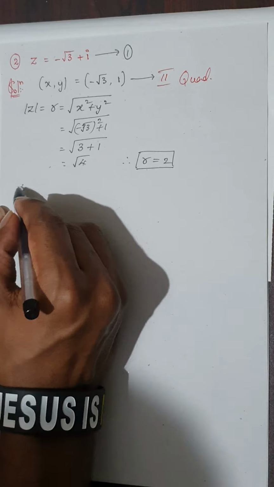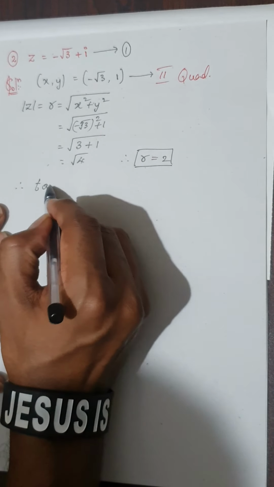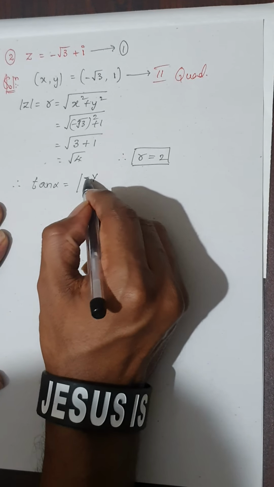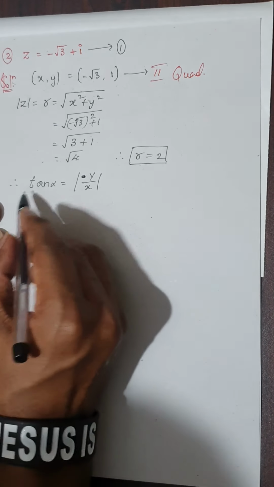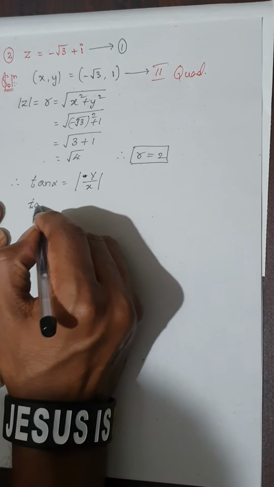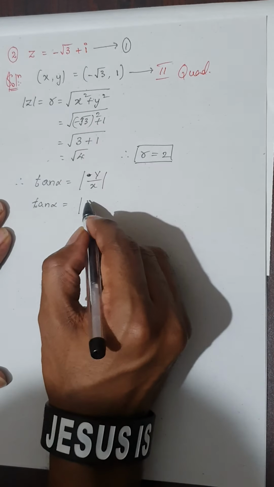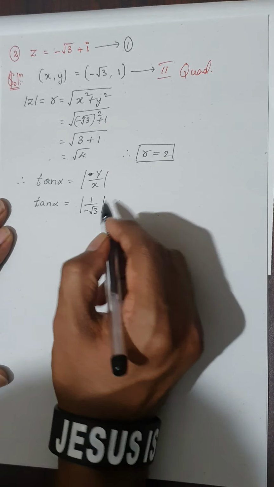Therefore, first let me find out alpha for the second quadrant. First let me find out tan alpha is equal to modulus of, sorry, don't take this minus, modulus of y by x. Now substitute: tan alpha is equal to modulus of, what is the y value? Y value is 1 divided by x value, which is minus root 3.